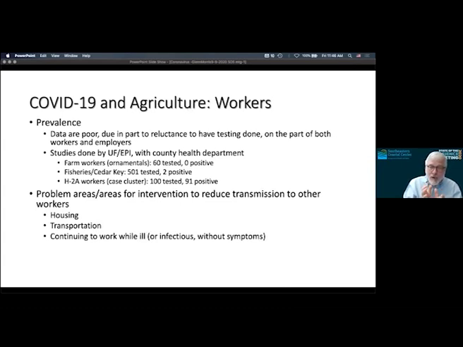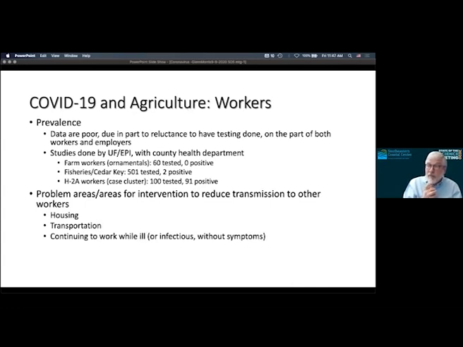What I would like to do is highlight what for me are the primary problem areas that we need to think about when we're talking about COVID-19 and agricultural workers. Number one is housing. If you've got people crowded together in a single room, sleeping, you are going to have a major problem with transmission.